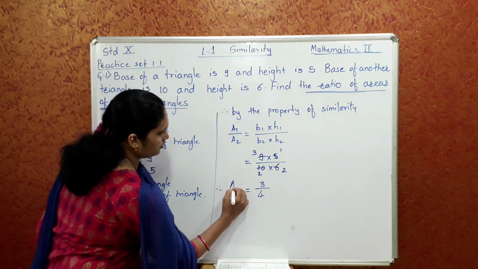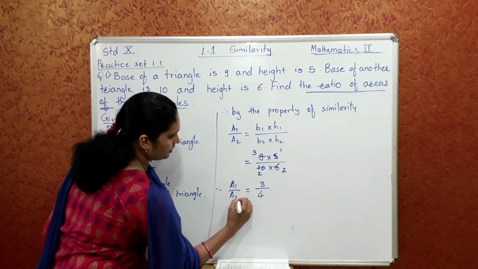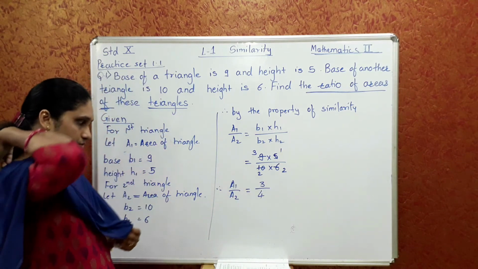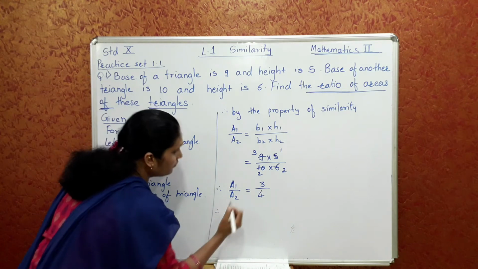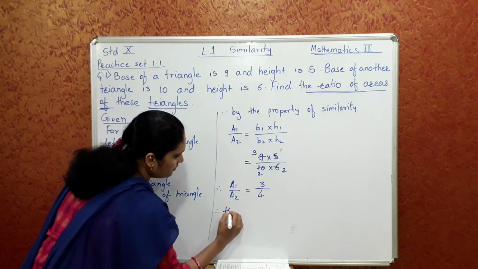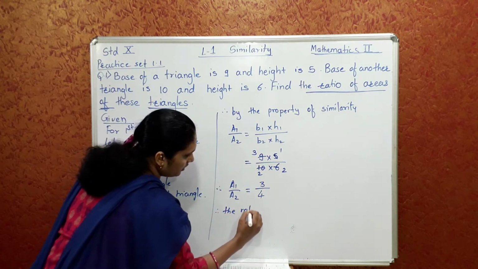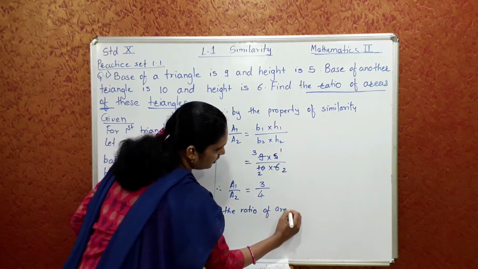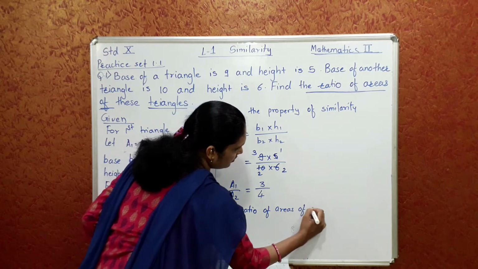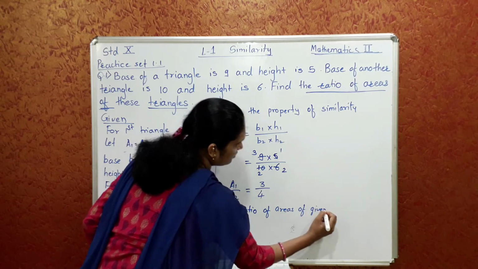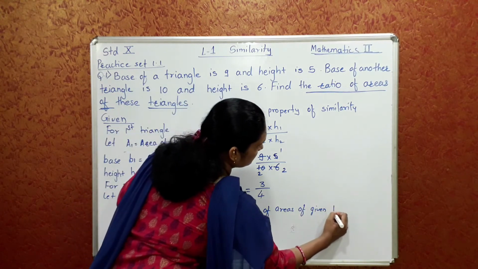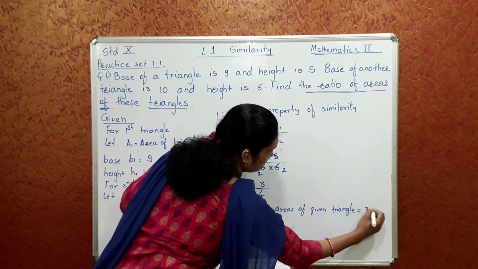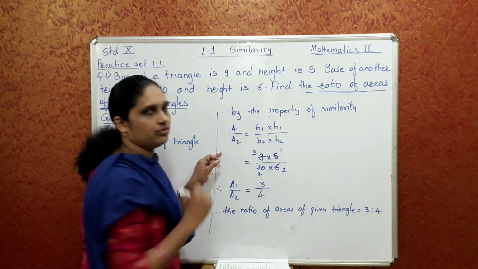So the ratio of the areas of the two triangles is 3 upon 4. Accordingly, question wise we will write the answer: the ratio of the areas of the given triangles is 3 is to 4.